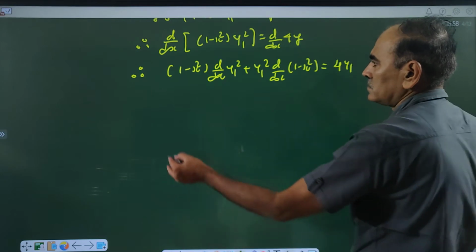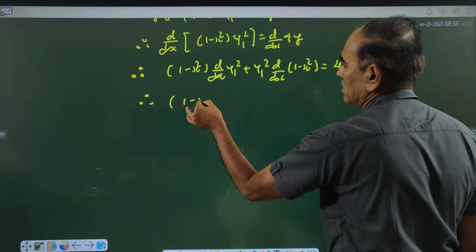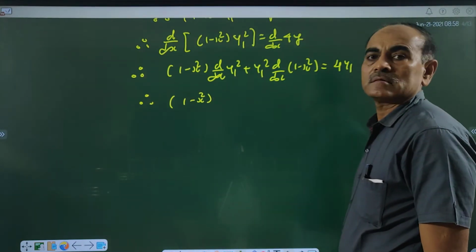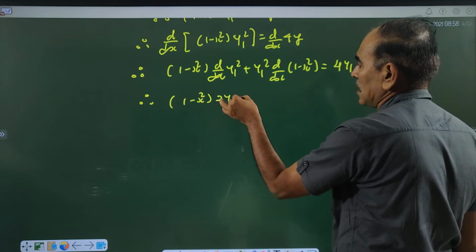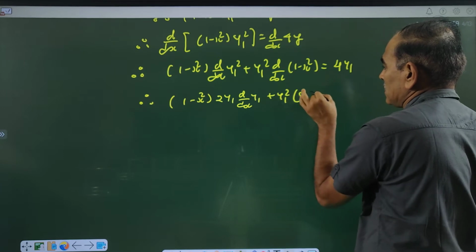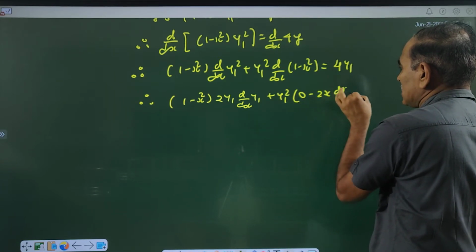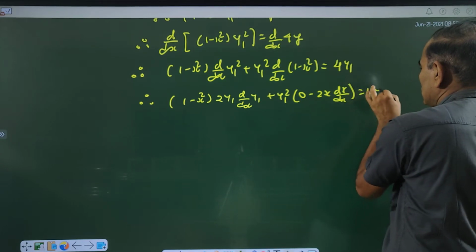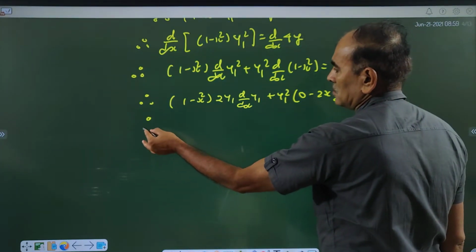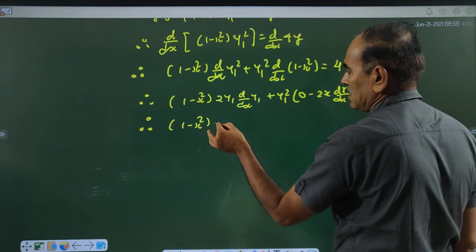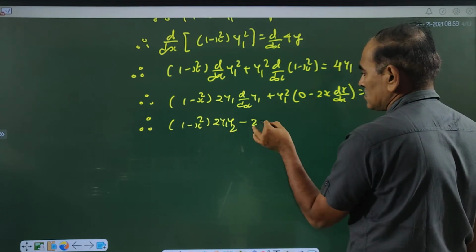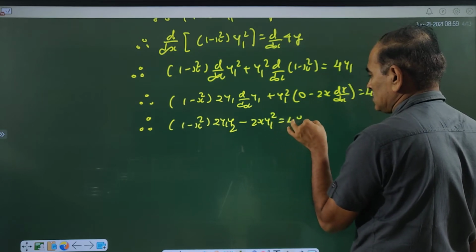And therefore, (1 minus x square) times 2 y1 y2 minus 2x y1 square is equal to 4 y1. Yes, very simple.